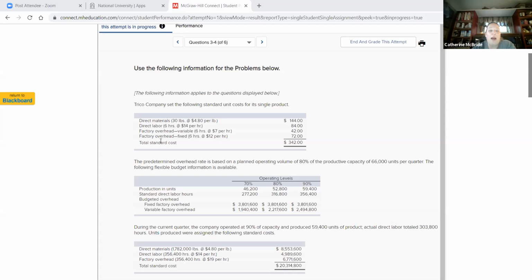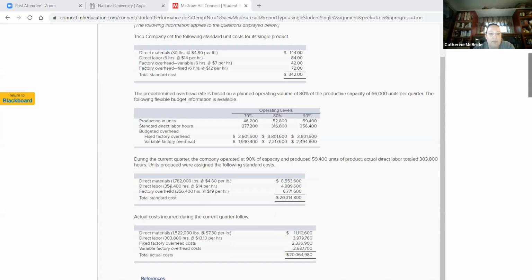Okay, so we took our budgeted rate, which is $12 per hour, times our actual number of hours, which would be 303,800 hours, because it's based on labor.